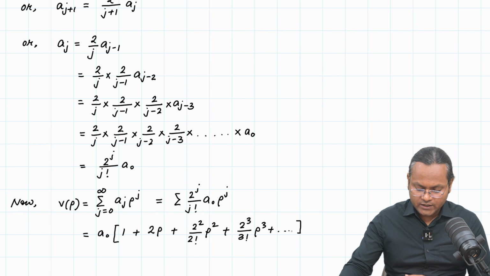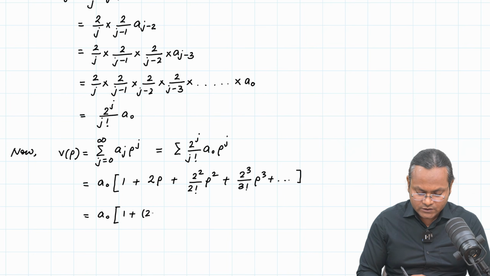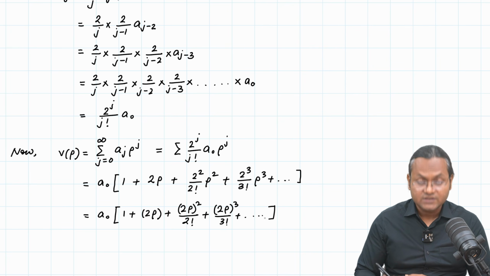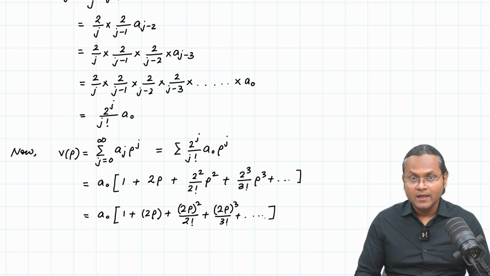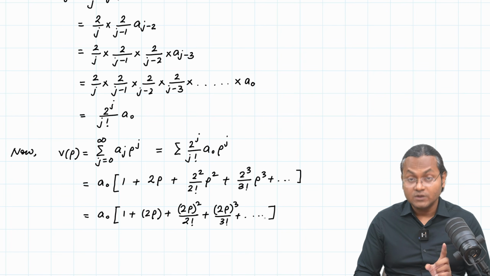If you look at this series sum, it approximates a very common function that we are aware of. It can be written as 1 plus 2 rho plus 2 rho squared upon 2 factorial plus 2 rho cubed upon 3 factorial, and on and on. Can you guess which function this series sum represents? 1 plus, let's suppose, x plus x squared upon 2 factorial plus x cubed upon 3 factorial and on and on.